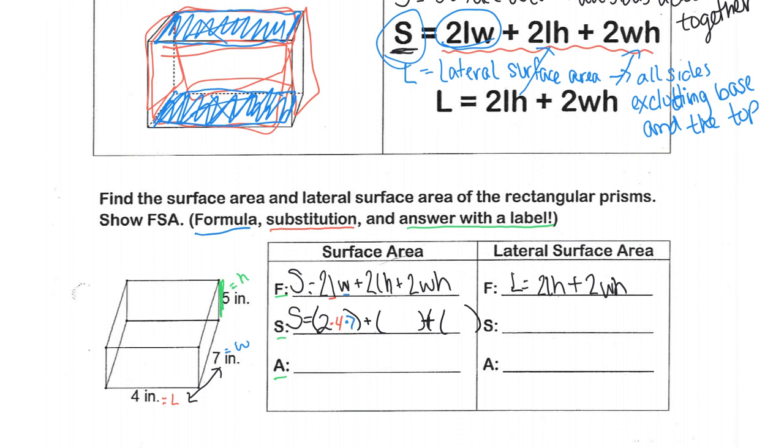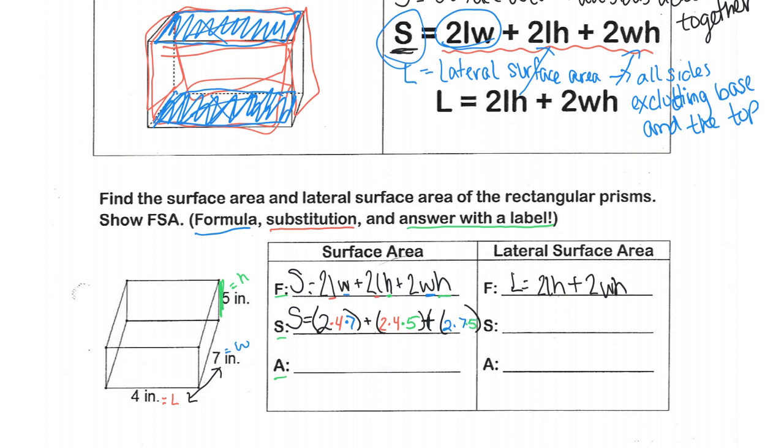This is length times height, so we do 2 times length, which is 4, times the height, which is 5. And then the last one is width times height, so we do 2 times the width, which is 7, times the height, which is 5.